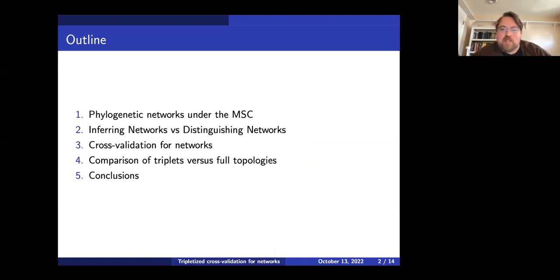And sometimes we might want to distinguish between a network versus a tree. Okay, and there are different approaches to that. So I'm going to be looking at cross-validation as an alternative to other things, such as using AIC or hypothesis testing, for example.